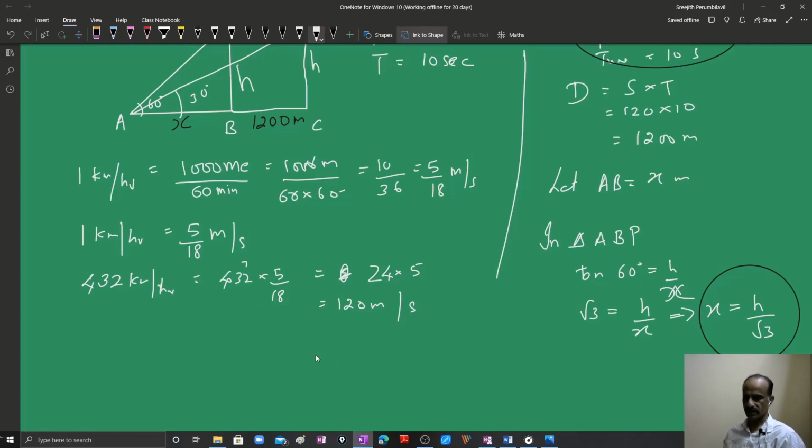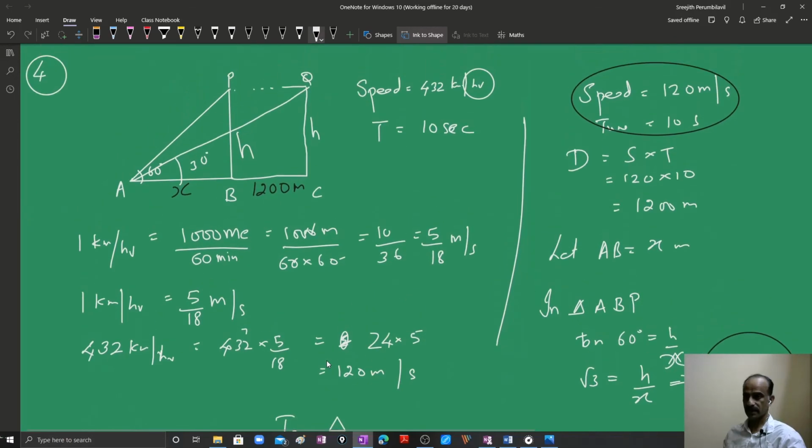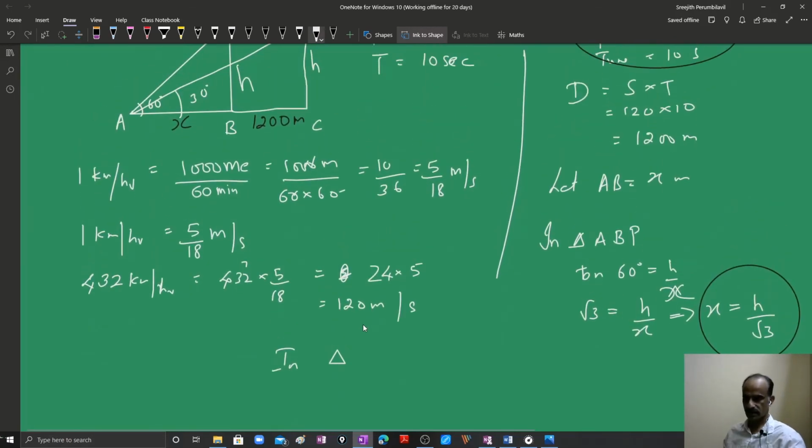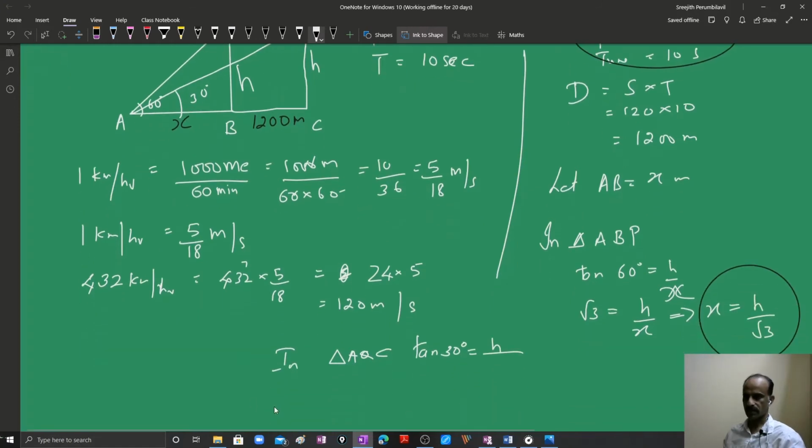Now in the next triangle, the larger triangle AQC, tan 30 degree is equal to opposite side h divided by what?